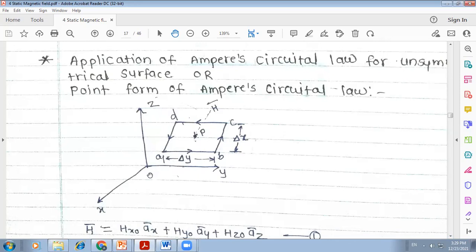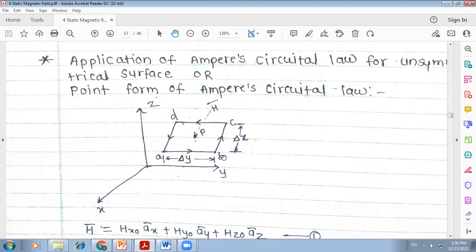Okay. Now, if you refer this all axis, then you can see here that when I consider path A to B, or when I consider this distance, that distance is parallel to y-axis. Therefore, the differential length of this AB is nothing but delta y. Okay. So for path C to D or for path D to C, both this length is also delta y.